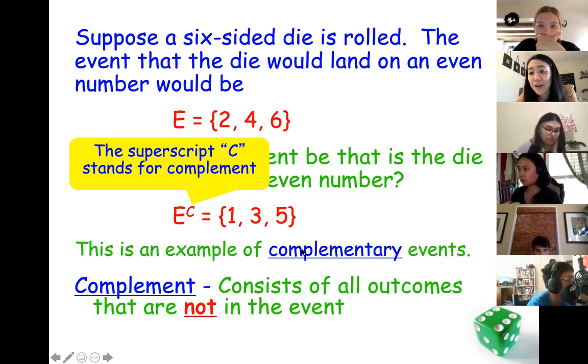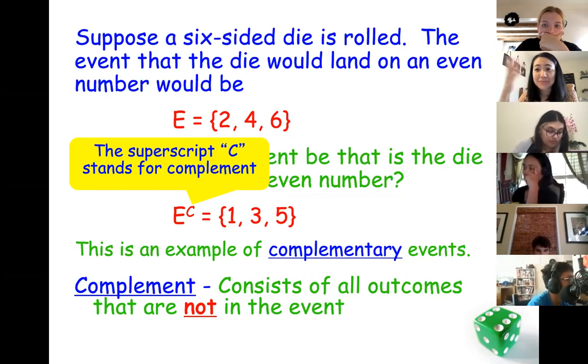Oh, also side note, do not confuse this with compliment with an I in the middle as opposed to the E, okay? This isn't like, Jeff, your hair looks spot on today.